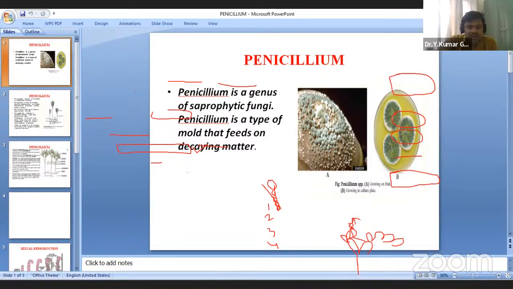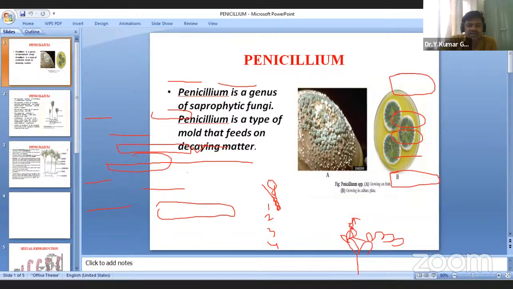The conidia may be blue, green or yellow in color, and globose or elliptical in shape. When exposed, the conidia get detached from the conidiophore and are dispersed by wind. They settle on a suitable substratum and germinate, first by germ tube formation, and mitotic division takes place.